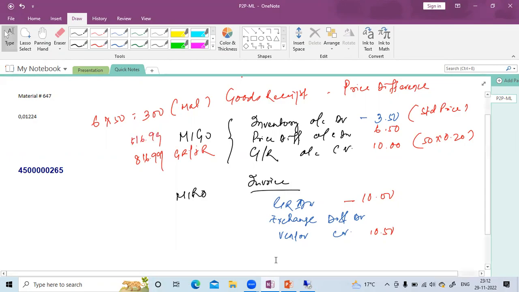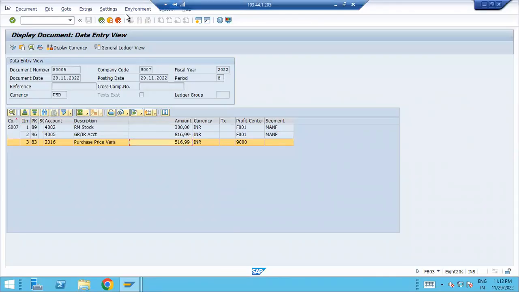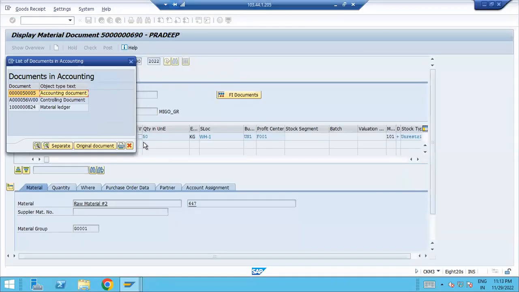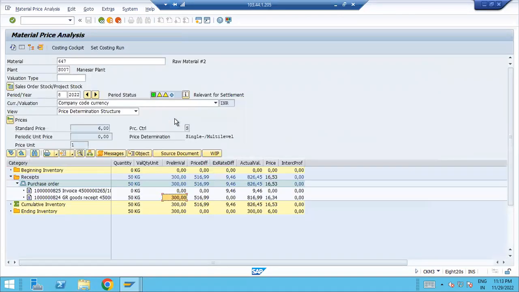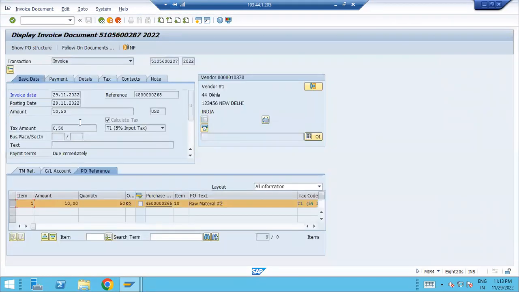Similarly, when we process the invoice, that time also there was a difference. That price difference we captured here in material ledger. Now check this one. This is our vendor invoice, and with reference to this also we captured the difference. This is our accounting document.